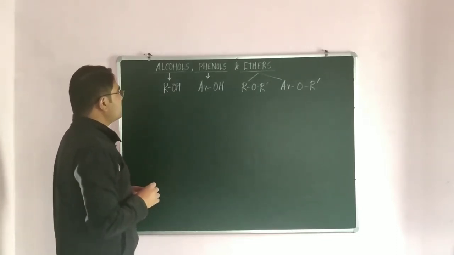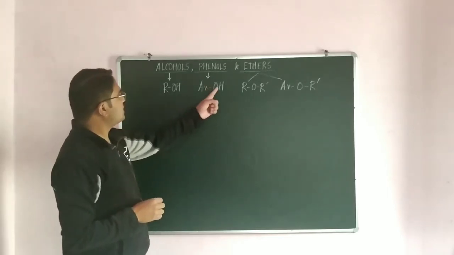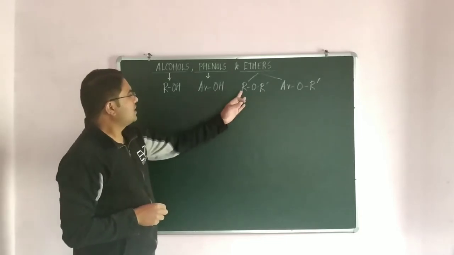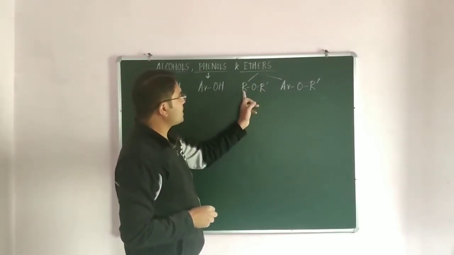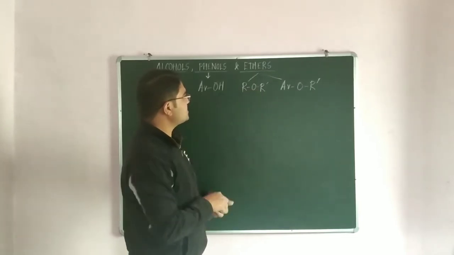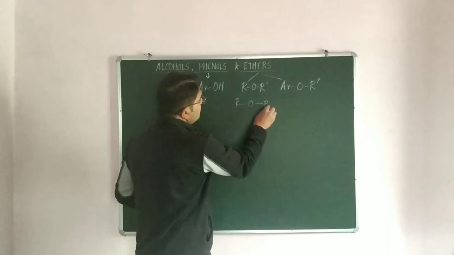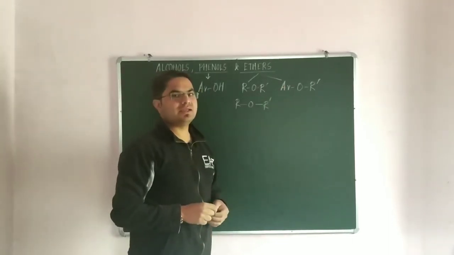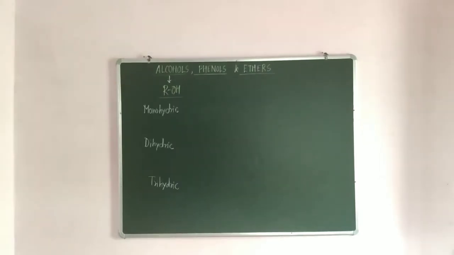Alcohols are referred to as the hydroxy derivatives of hydrocarbons, and phenols are hydroxy derivatives of aromatic hydrocarbons. And ethers have an ether linkage between two alkyl groups. ROR' means there is an O linkage between two alkyl groups. Similarly for aromatic ethers, one of the R is substituted by Ar, an aromatic ring.